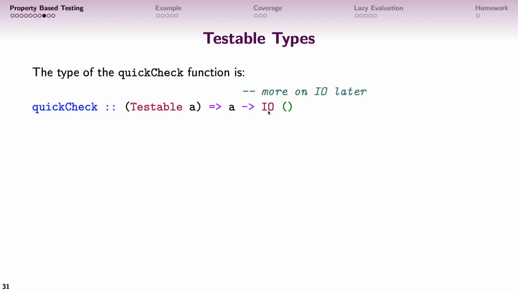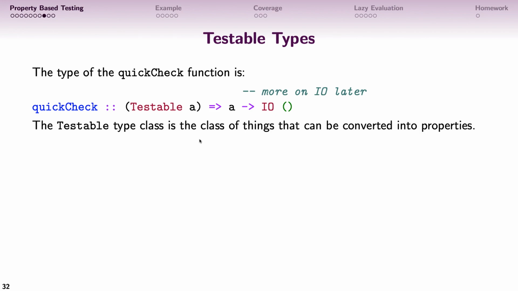But suffice to say for now, it's just a command that can maybe print to the screen or do some side effects to have some effect on the outside world. So what it will do is generate a bunch of random test cases and print the results to the screen, as we saw in our example. The main thing that we care about here is the input to this function, which is the testable object A.